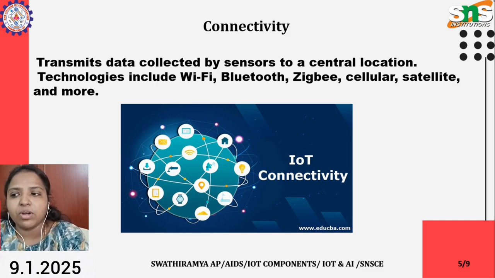There comes the role of the networks. The devices transfer the data to the cloud through various communication networks, such as Wi-Fi, Bluetooth, Zigbee, or cellular networks like 4G, 5G.